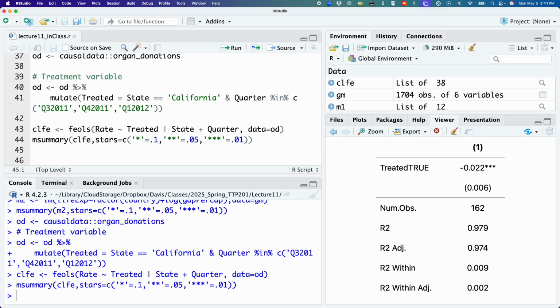It's particularly interesting given that the active choice mechanism was explicitly meant to increase the rate at which people would opt into becoming an organ donor. And in fact, it did the opposite.